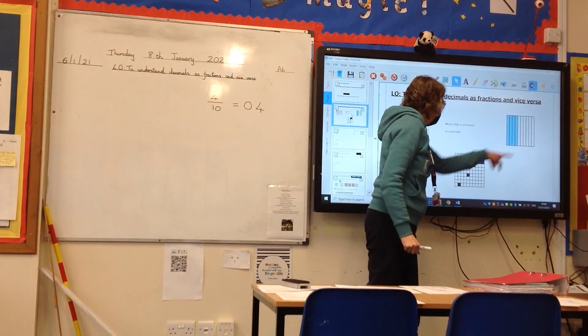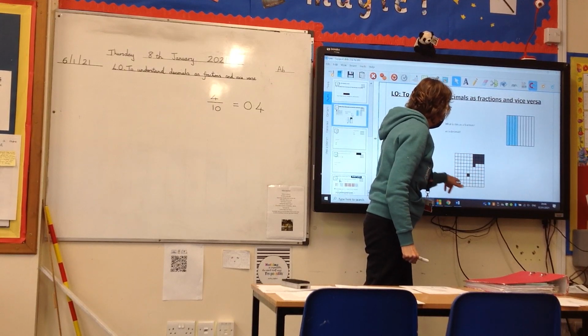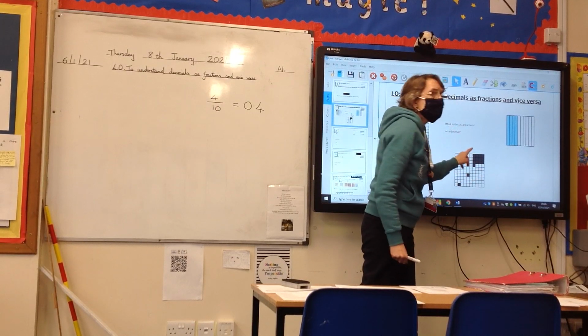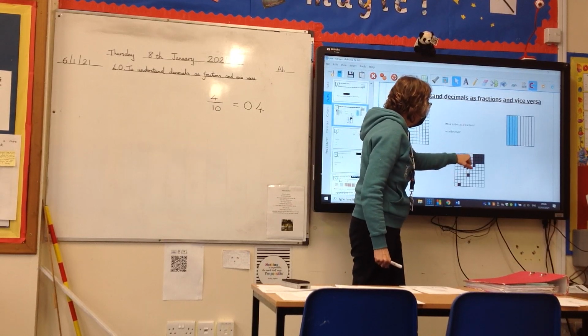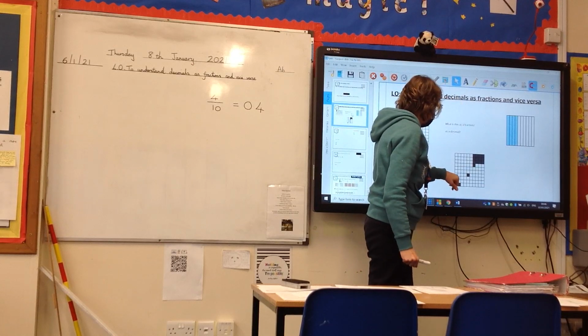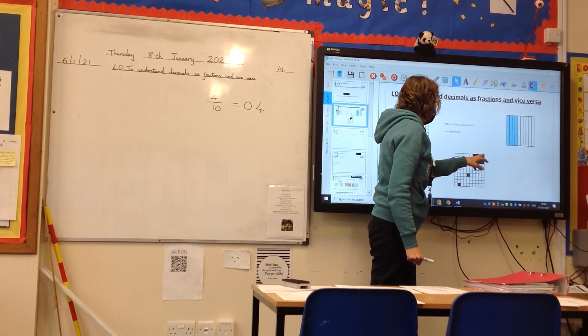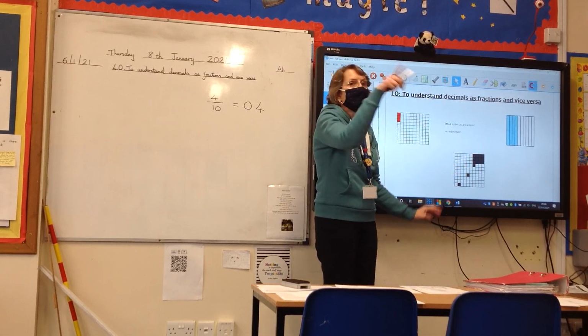Right, last one. We've gone back to dividing it into 100. We need to do some counting on that one. How many squares are coloured in grey? Well done.